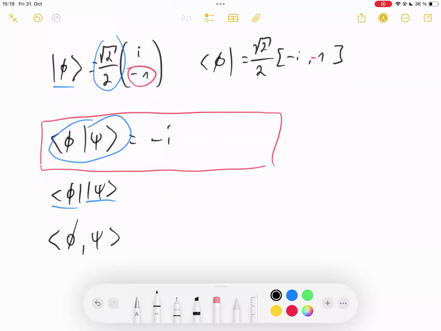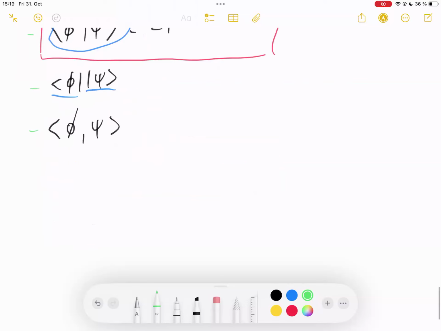So these are all just equivalent ways to denote this. It all just means the same based on where you look at the literature. You see either the first one, the second one, or the third one. This worked fairly easy because the states are normalized.